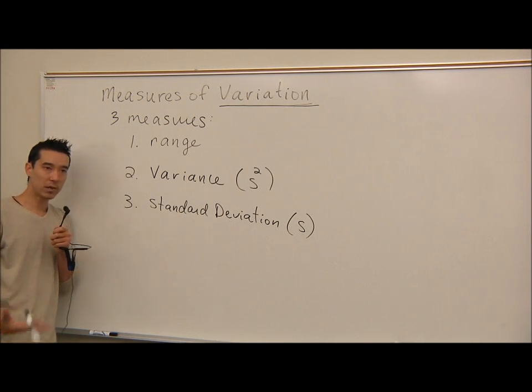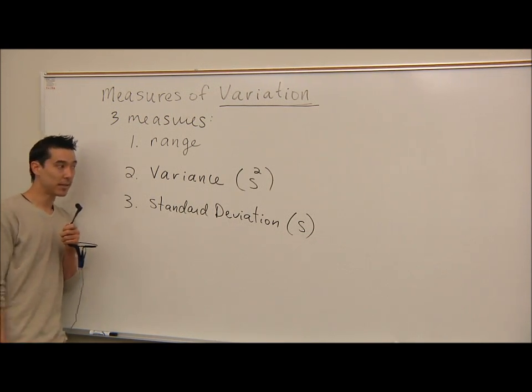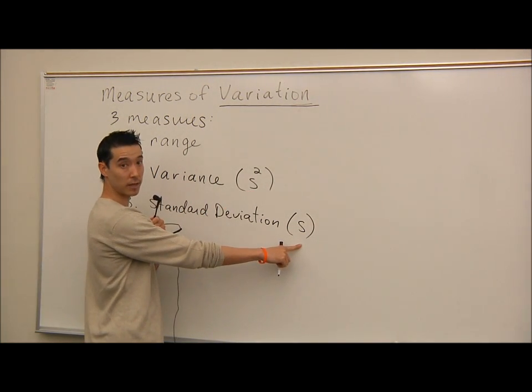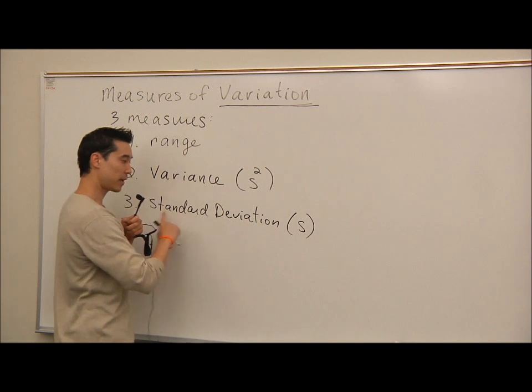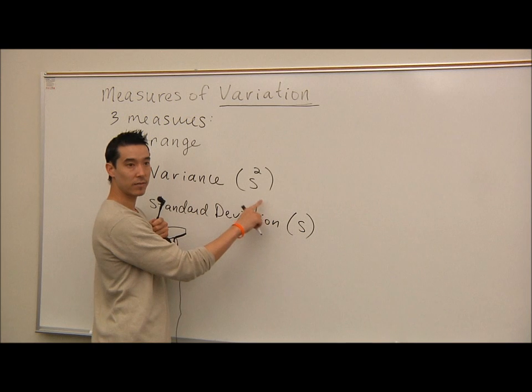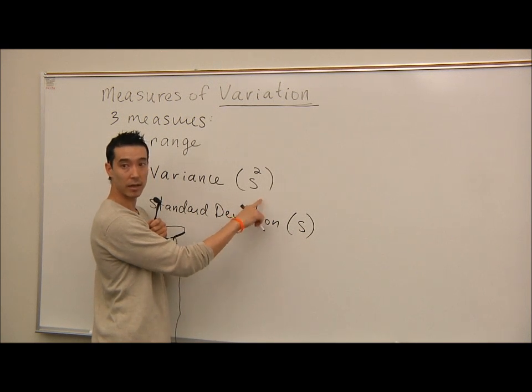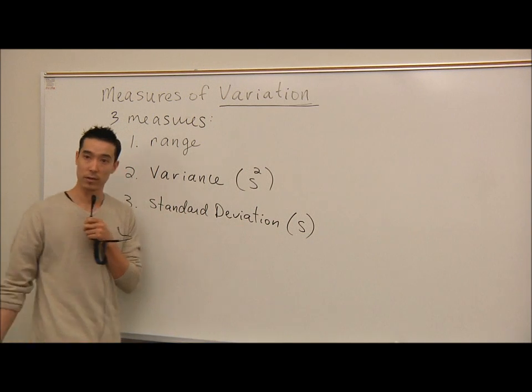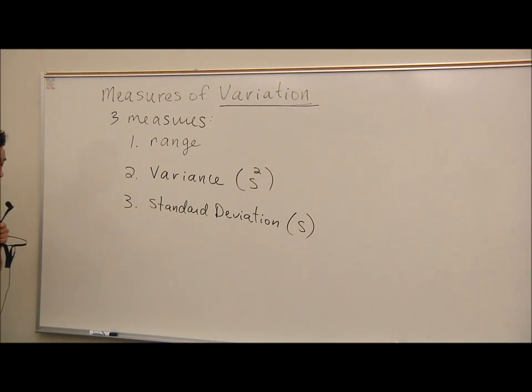So this is great news for us because if you know or you can find the variance, then you can get the standard deviation, okay? Similarly, if I know the standard deviation is, say, 3, then what does the variance have to be? 9, okay? So one is the square of the other, and then vice versa. One's the square root of the other. And that always holds, okay? So that's great for us.